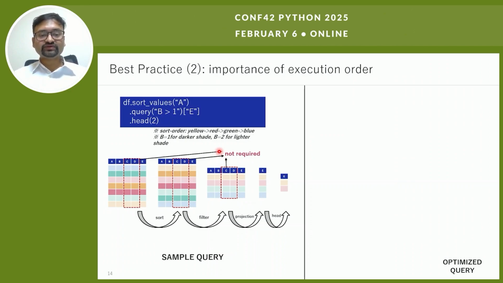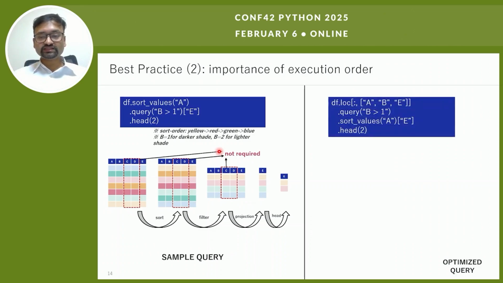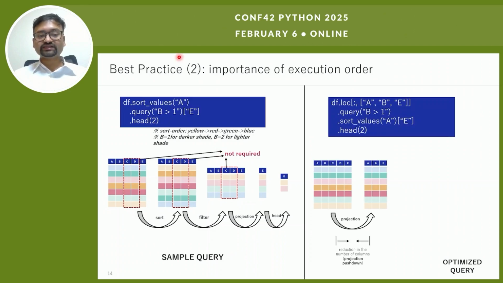So that is a waste of memory and computation time. Instead, we can first identify that for this query I only need the A, B and E columns. So why not just create a view of the A, B, E columns, so we can reduce the scope of the data first in the horizontal direction by applying projection push down.